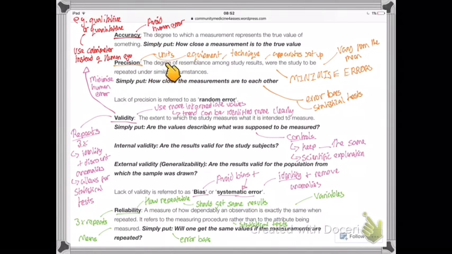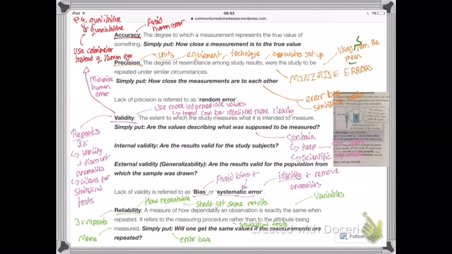So you want to use smaller units, better equipment, and a good technique for measuring. When you're looking at a meniscus in a pipette, you have that curve at the bottom, and you want to measure from the bottom of the meniscus, getting eye level with it. That's a technique that can affect your precision.